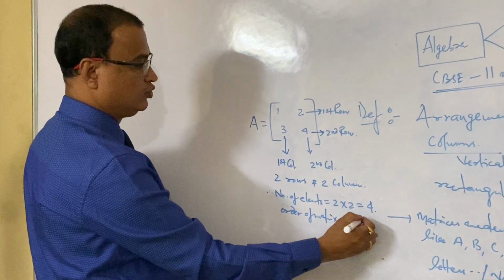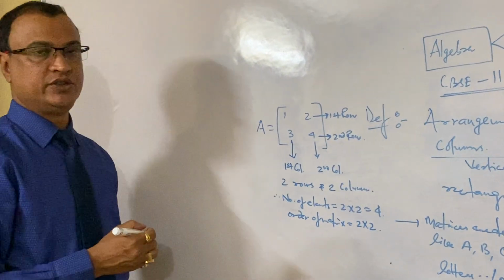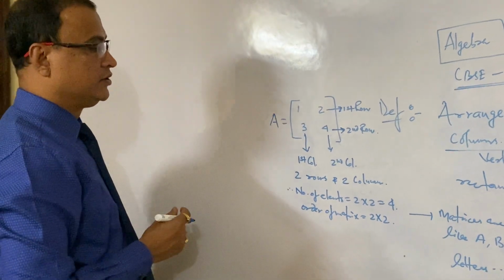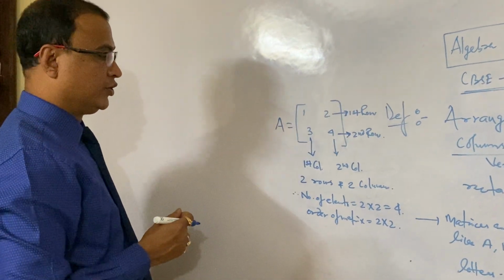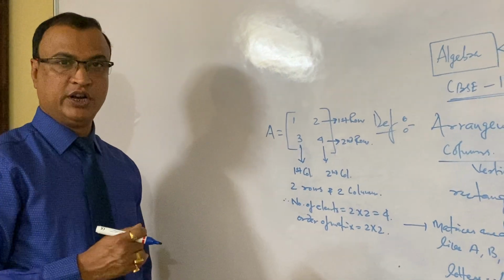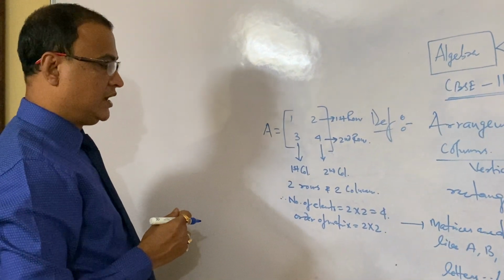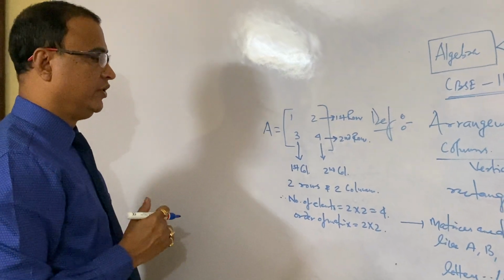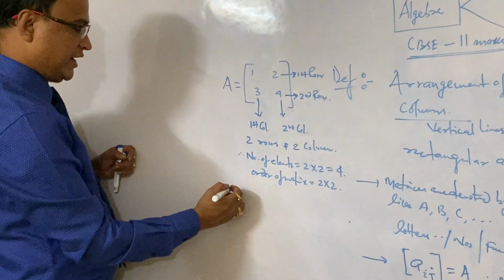So the order of the matrix is 2 by 2, and the total number of rows multiplied by the total number of columns gives the total number of elements in the matrix, and the number of rows by the number of columns gives the order of the matrix.